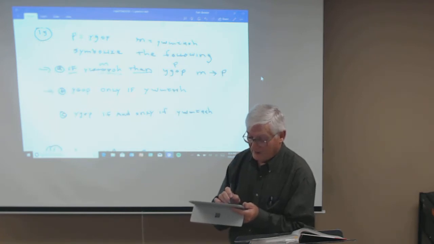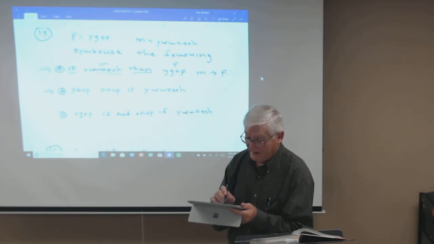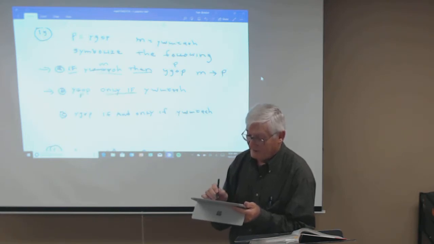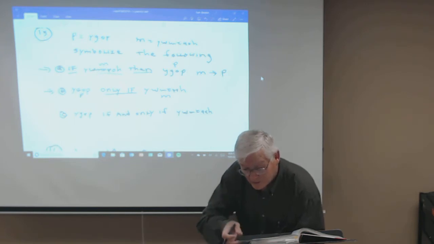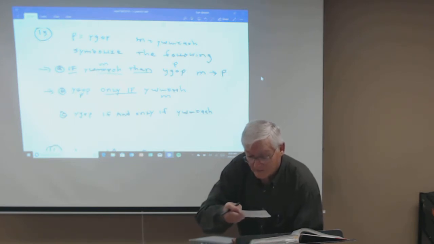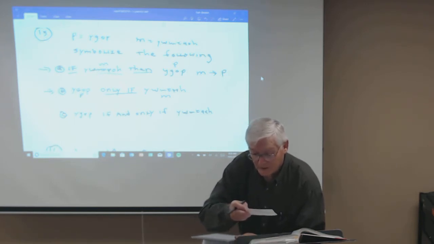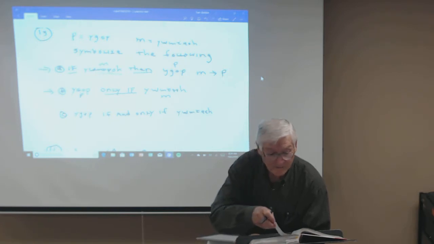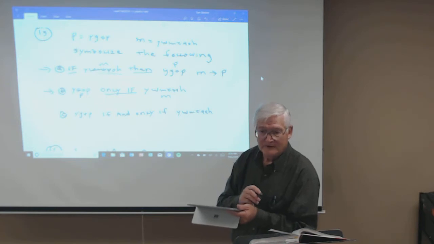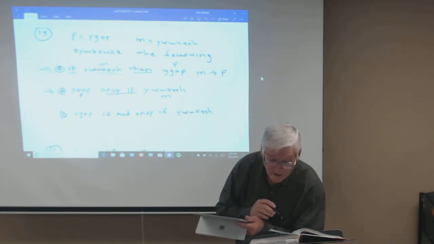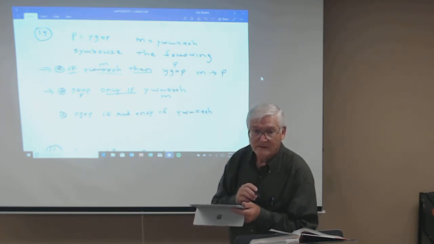B, you get overtime pay, that's what? P, only if you work more than 40 hours a week. Do you have your notes for only if? Do you have your chart for what only if translates into? It's on page 139.